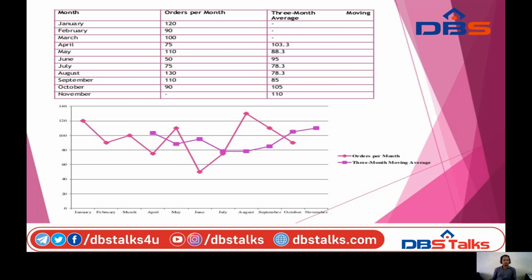These are the orders we actually received from January to October. The moving average we performed for November takes the previous 3 months, 90, 110, 130, and averages them. Suppose we want the expectation for the month of October: we take the last 3 months, September, August, July.